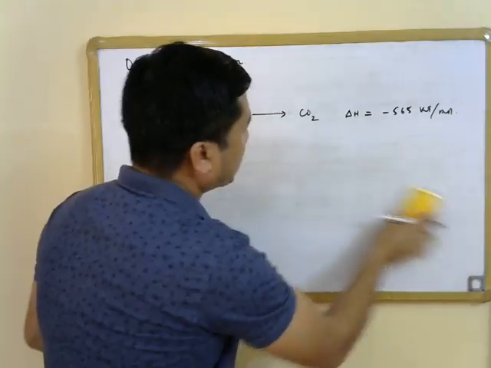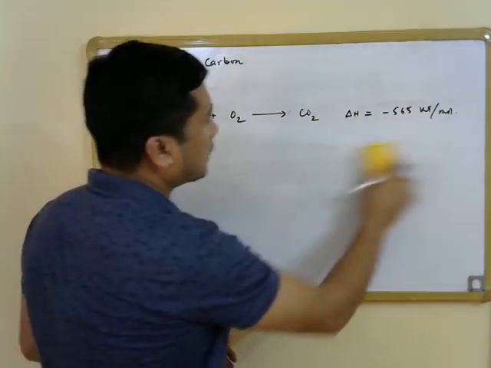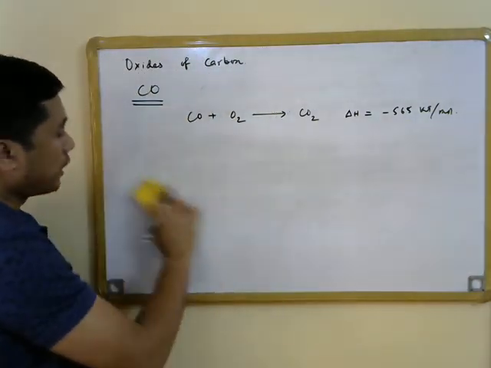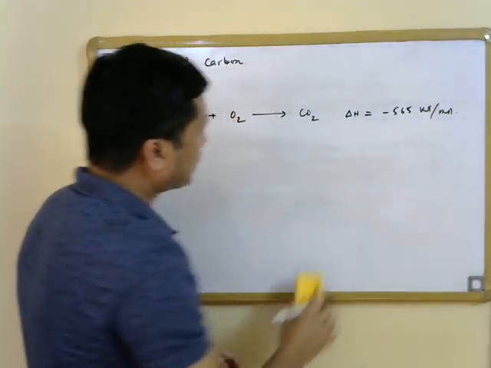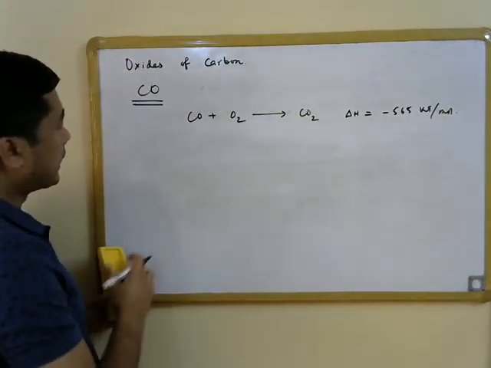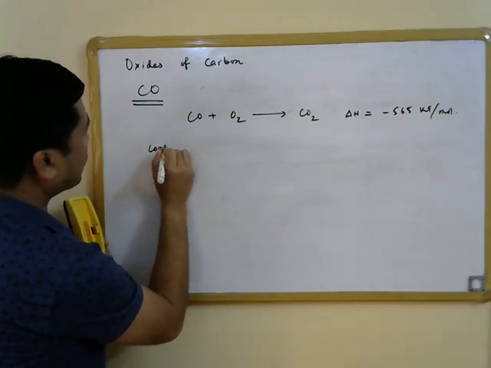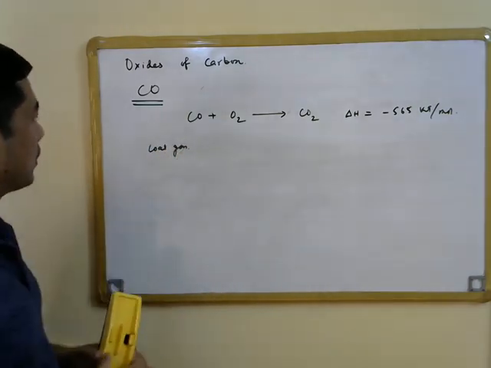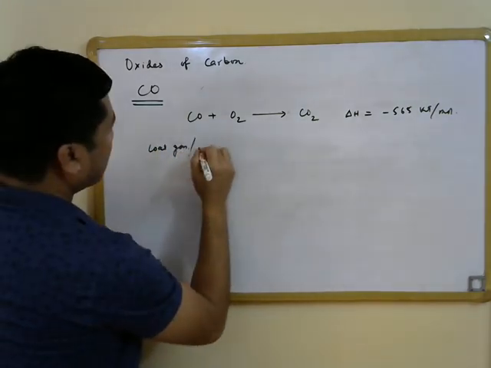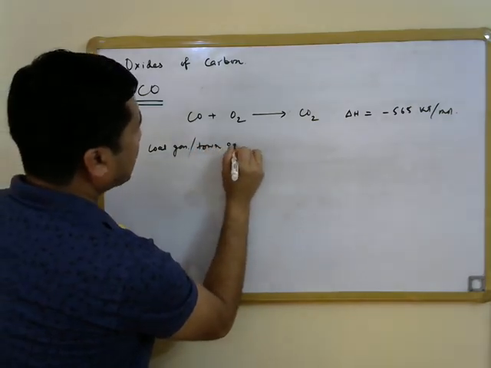Apart from water gas and producer gas, there is another industrially important fuel which contains carbon monoxide, that is coal gas, also sometimes known as town gas.